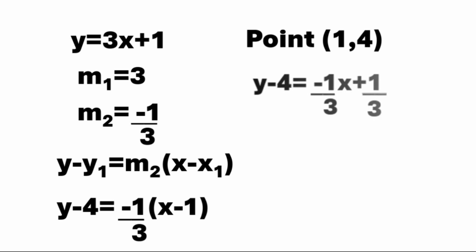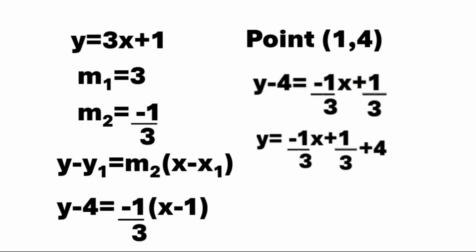We distribute the negative 1/3 here. So this becomes y minus 4 equals negative 1/3 x plus 1/3, because we multiply negative 1/3 by negative 1. Then transpose the negative 4 to the other side. So we have y equals negative 1/3 x plus 1/3 plus 4.